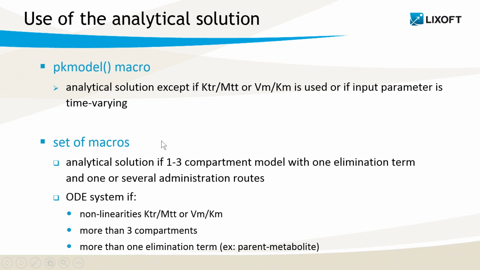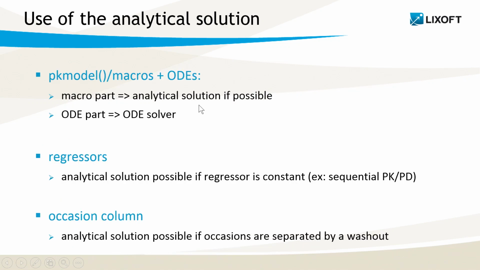On the opposite, if you have non-linearities due to transit compartments or Michaelis-Menten eliminations, or more than 3 compartments, or more than one elimination term, as in parent metabolites models, for instance, then the macros will be internally replaced by the corresponding ODE system. It is possible to combine the use of analytical solutions with ODEs by, for instance, having a first part, the PK, defined with macros, and a second part defined using an ODE system.